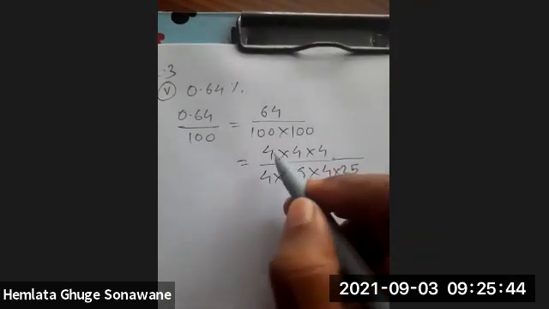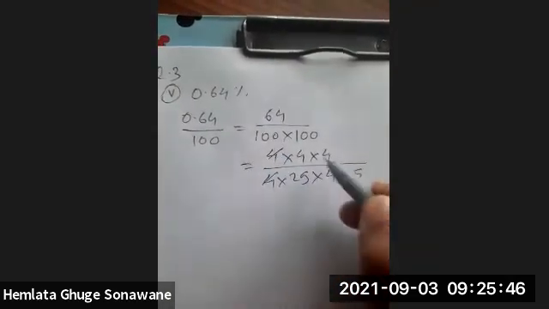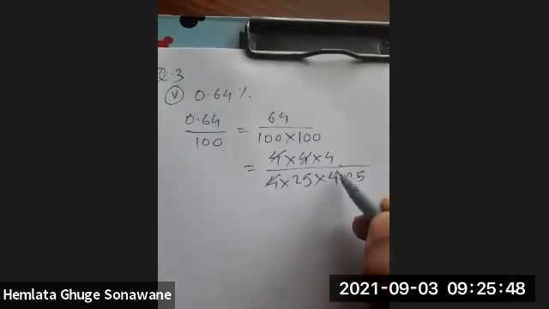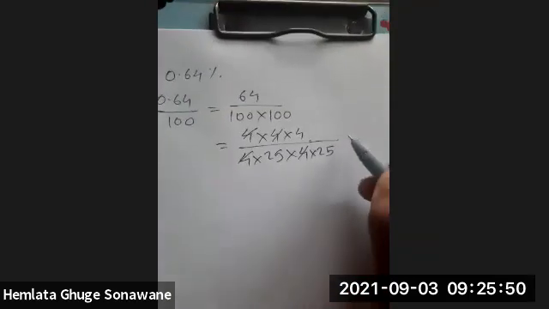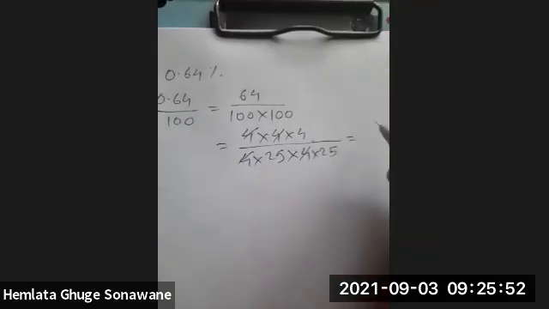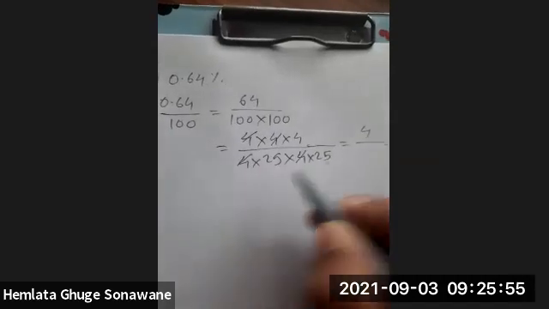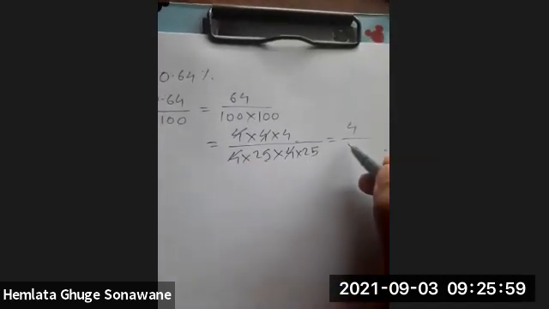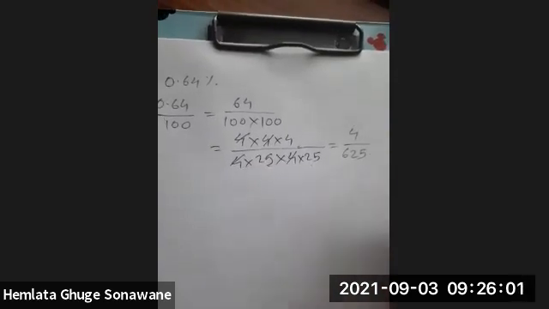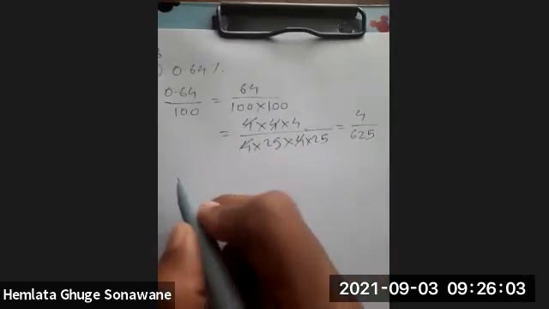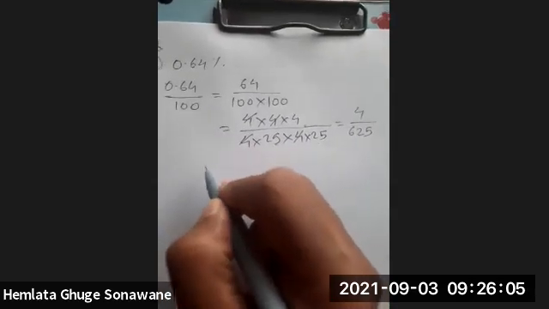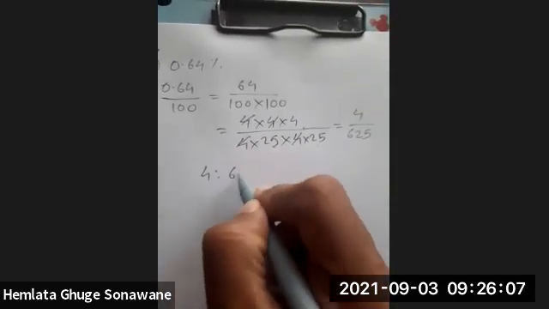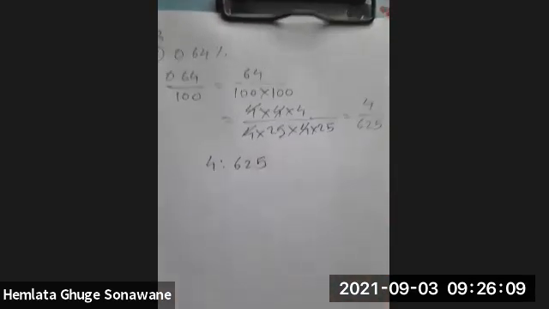Okay, this 4 gets cancelled. Here again 4 gets cancelled. Here 4 remains, and 25 into 25, that is the square of 25, is 625. So the ratio becomes 4 as to 625.